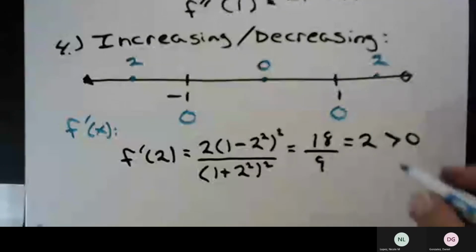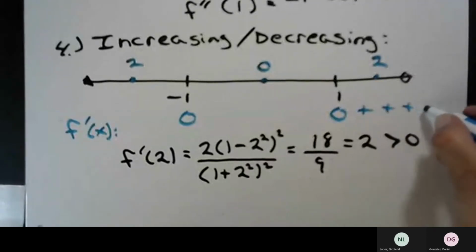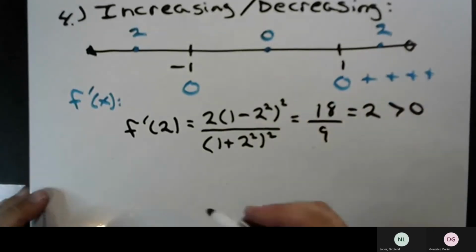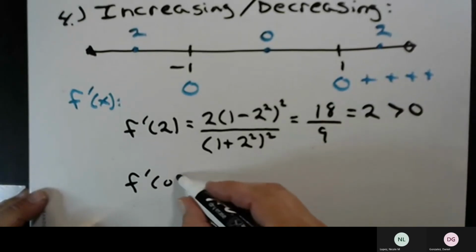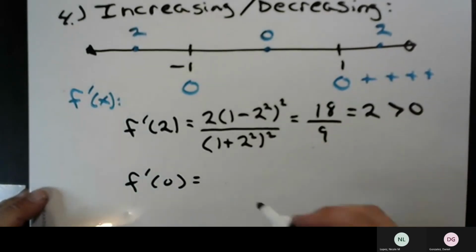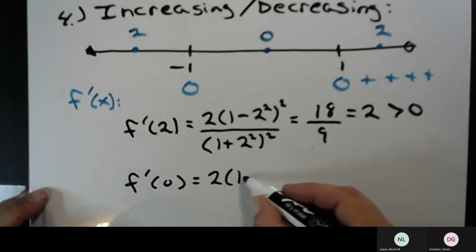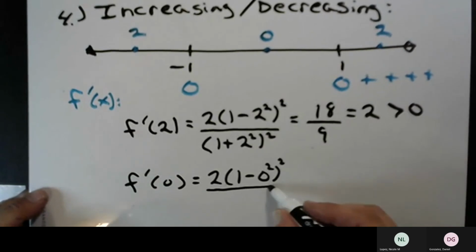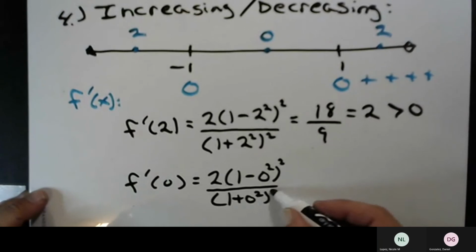So that's going to tell us this is positive. Now, if we take a look at f prime of 0, we'll get 2 times (1 minus 0 squared) over (1 plus 0 squared).